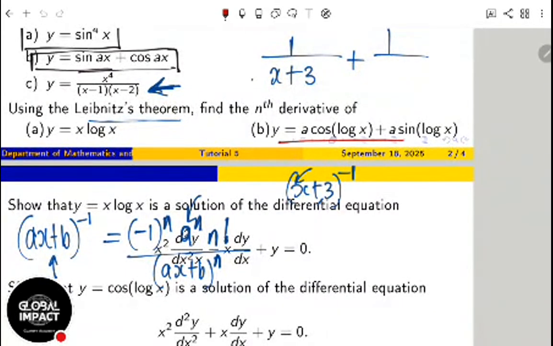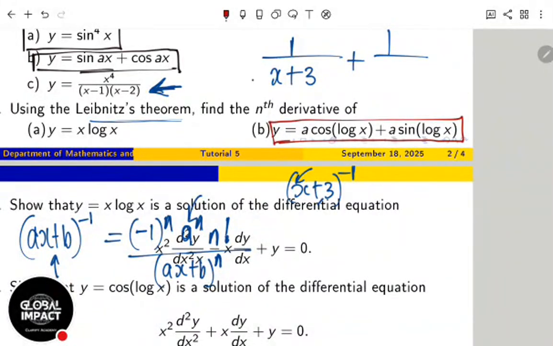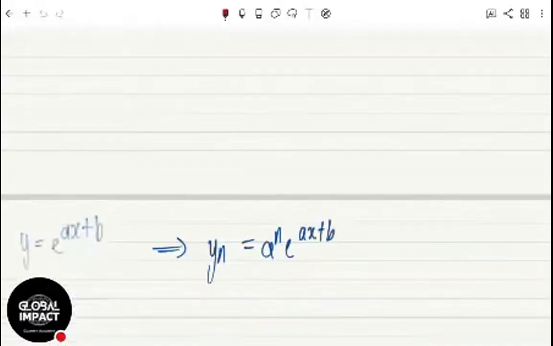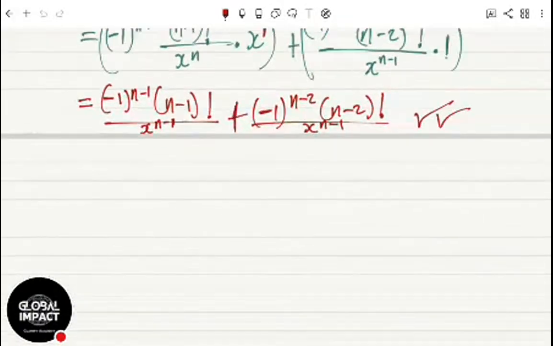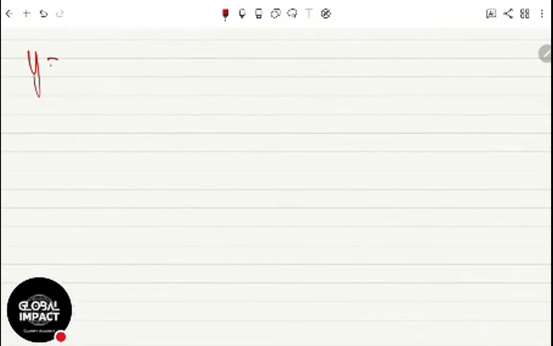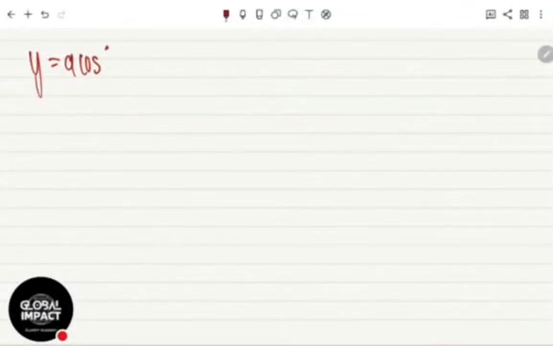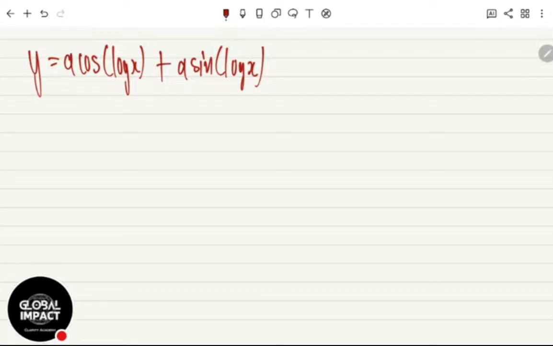Here, y is equal to a cos log x plus a sin log x. This is my y.